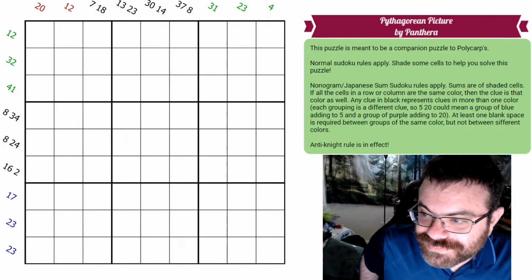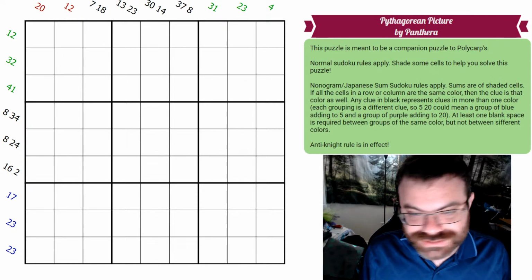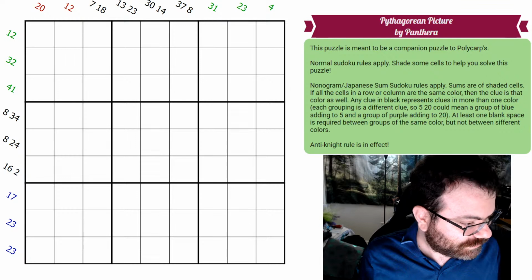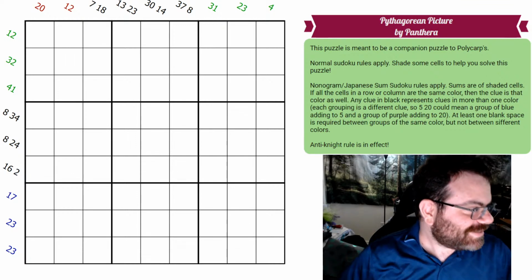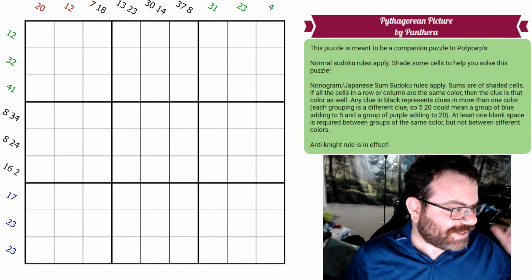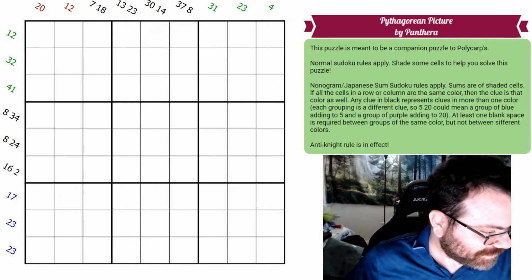Meant to be a companion puzzle to Polycarps. Well, there we go. We just did Polycarps. No, I think this is good. In fact, they could be shorter if you want. Shorter rules would be good.